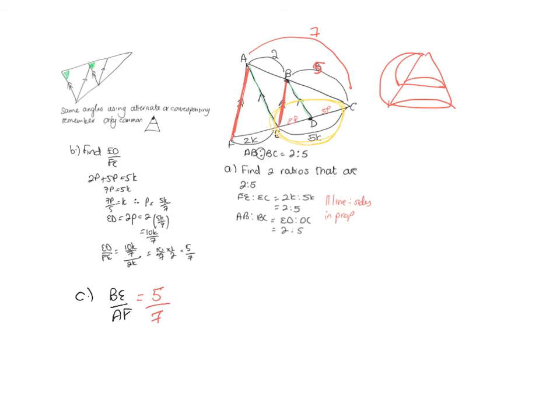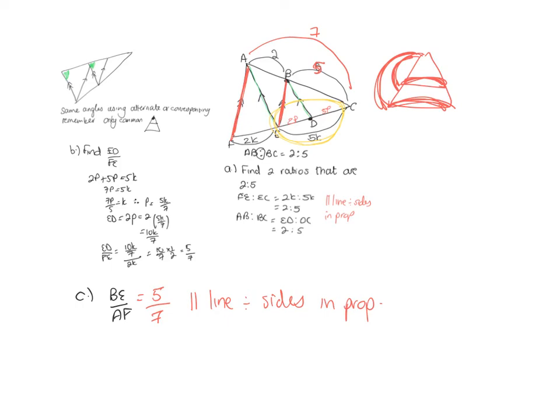So it's 5 to 7. Okay, and that's also a parallel line divides sides in proportion. So it's purely using your similarity rule or your proportion. We know that the small side over the big side is equal to small side over big side. And know that ratio. Know it, please.